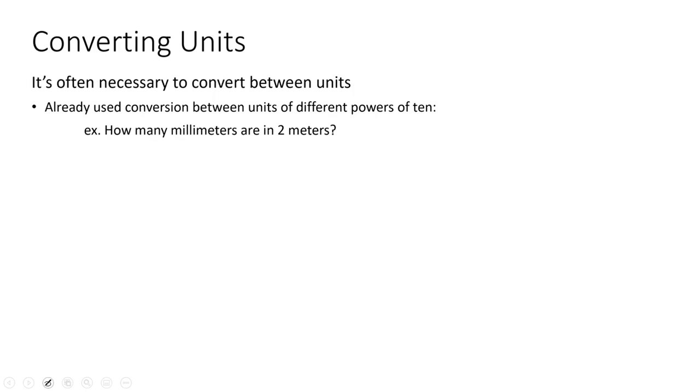First of all, let's take a look at our intuitive approach for a practice problem. How many millimeters are in 2 meters? Here's my intuitive approach. First, I write down my conversion factor from the chart on the previous slide, which told me that 1 millimeter is exactly equal to 10 to the minus 3 meters.